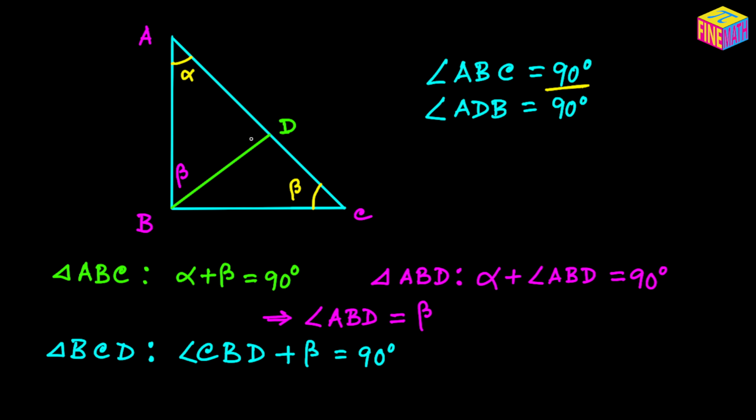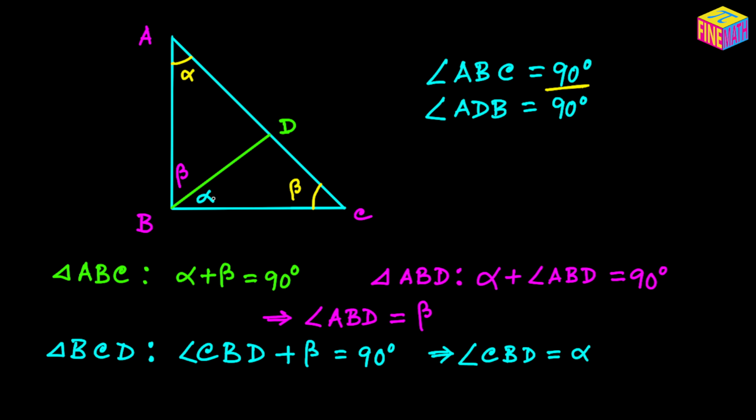So angle C and this little angle B right here, their sum will be 90 degrees. And now guess what? Alpha plus beta is 90 degrees, and here I have something plus beta is 90 degrees. That means this something must be equal to alpha. So angle CBD must be equal to alpha. So I'm going to write alpha right here.